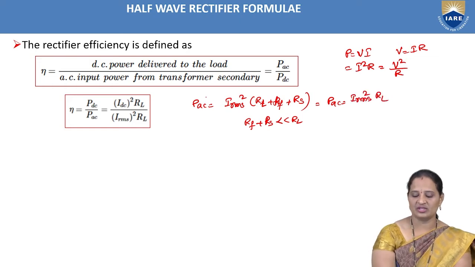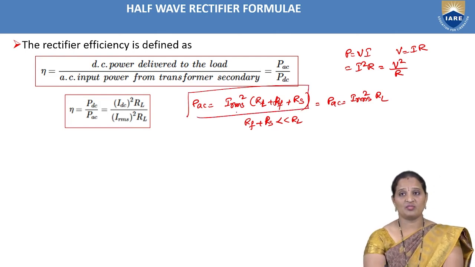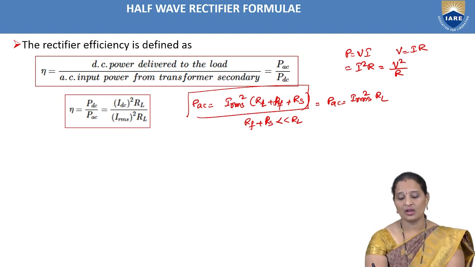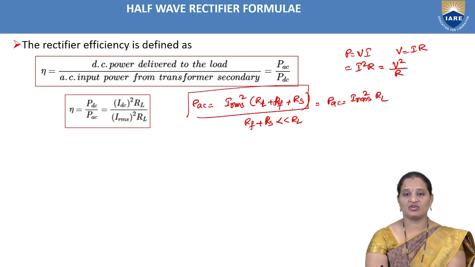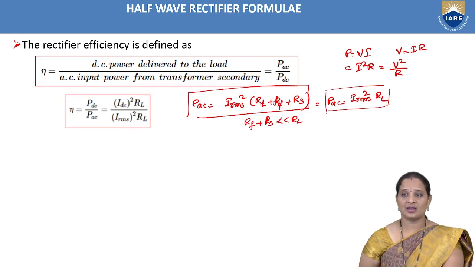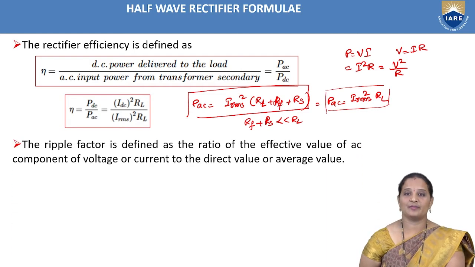If the forward resistance of the diode and the internal resistance of the secondary winding are given, then we have to consider the full formula. If they are not given, they are negligible, and PAC can be directly calculated as IRMS square into RL.